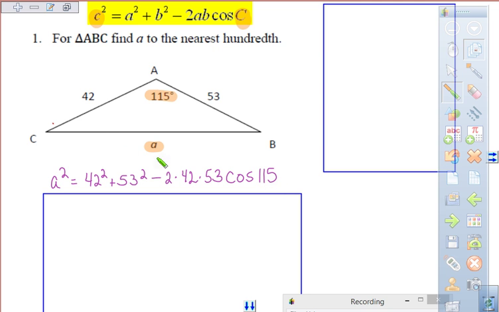So then you see I do the cosine of 115, and then my a is here. So 42 squared plus 53 squared minus 2 times 42 times 53 times the cosine of 115.